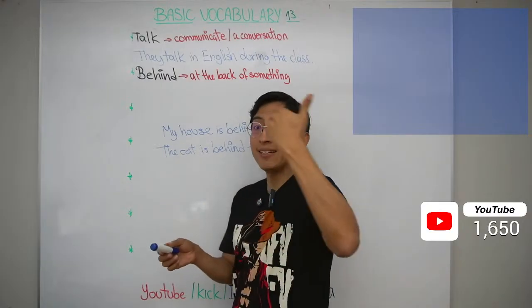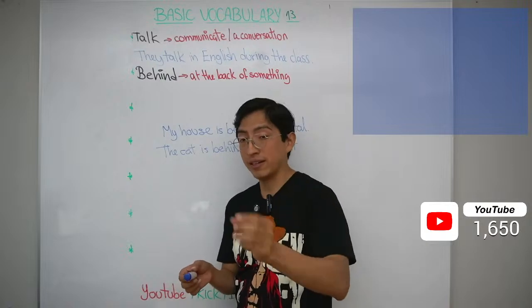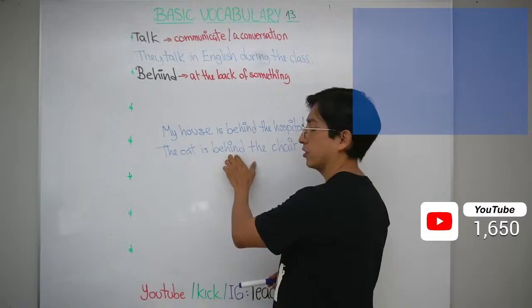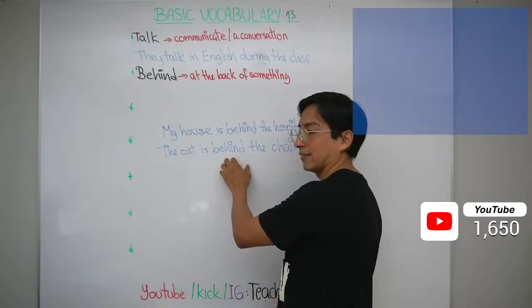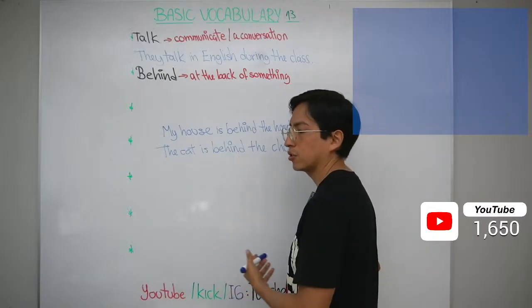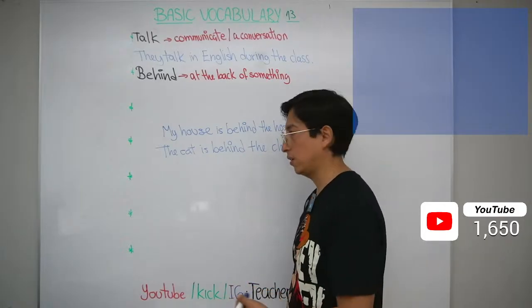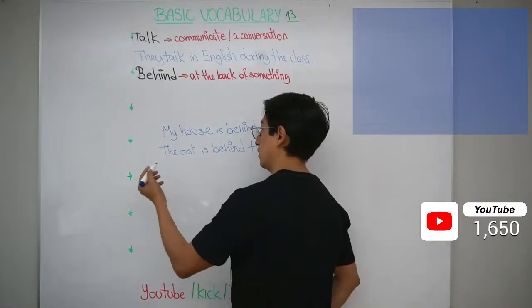My cat is behind the chair. Yep, that is the second meaning here. So this is a preposition of place. Okay, but we can also use this for other things.